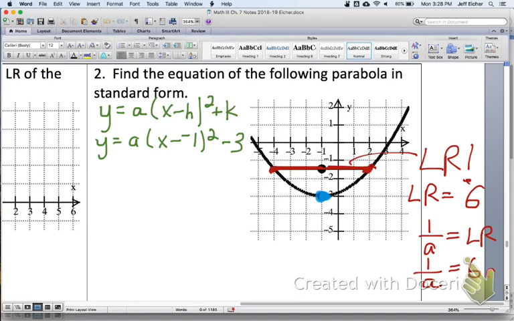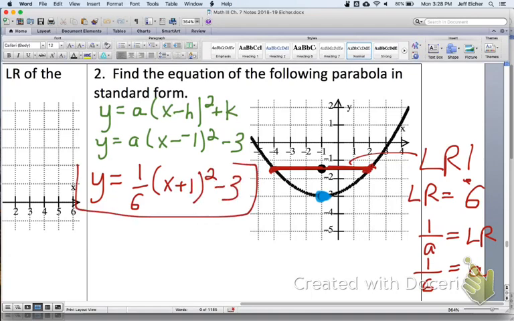If we multiply both sides by A, that would put the A over here, and then divide both sides by 6, and you could see that that is now A equals 1/6. So we have our final equation. It's actually just that simple. We have y equals 1/6 times x plus 1 squared minus 3, and that would be the equation of our parabola.